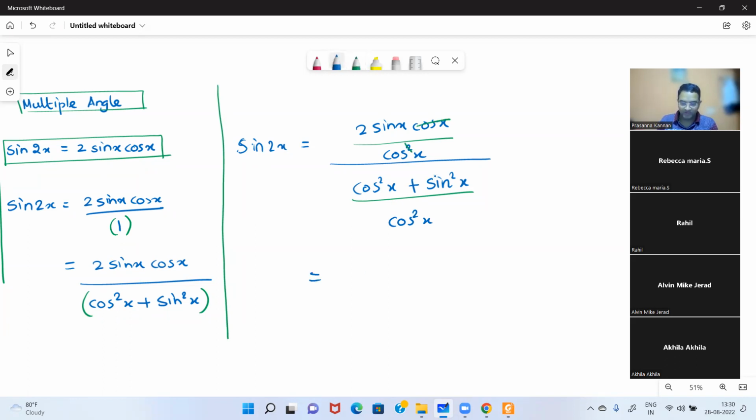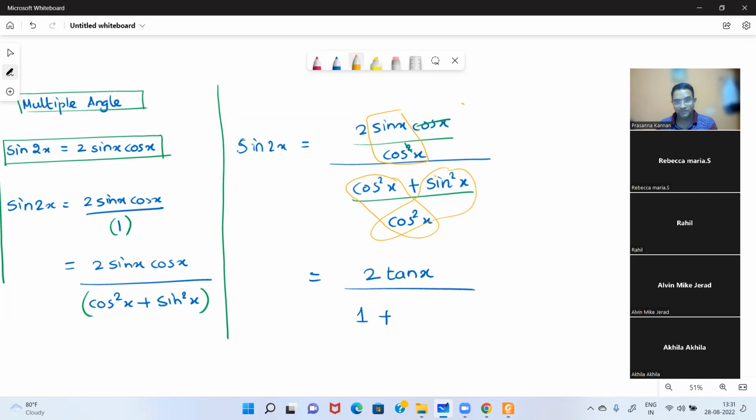Can you tell me what is there in the numerator? 2 sin x by cos x, which is 2 tan x, divided by, what is cos square x by cos square x? 1, plus what is sin square x by cos square x?